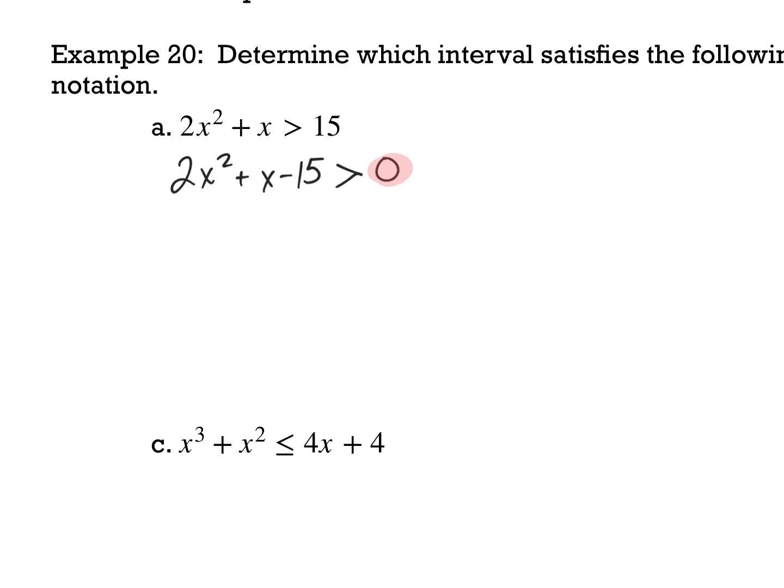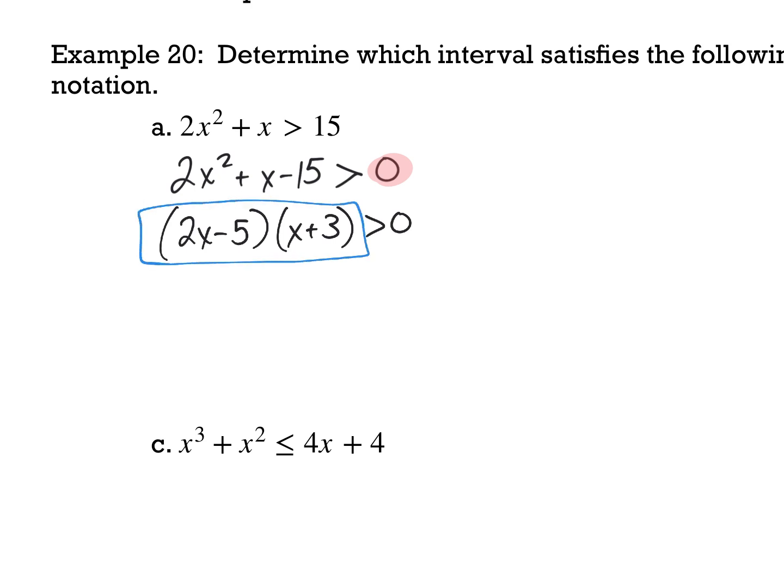So now I'm going to try to factor this, and I do believe this is factorable. We're going to get 2x minus 5 times x plus 3. So our solution set is going to be all the values of this factored expression that are positive, right?